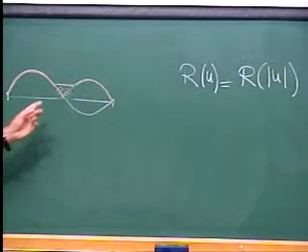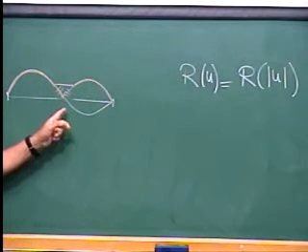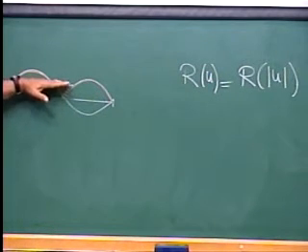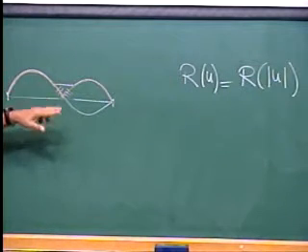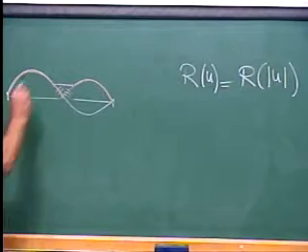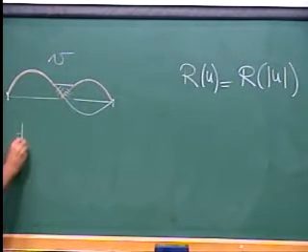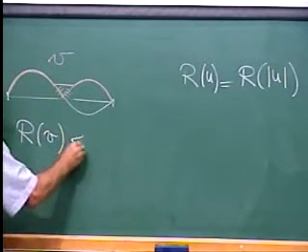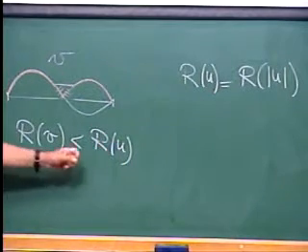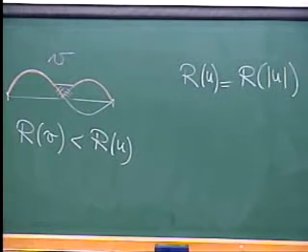So it's less than what happens with the original function. And now if you look at the denominator, then this function is bigger than this one. So in fact this function here, let me call it v, what happens is that r of v is less than r of u. So if u minimizes r, then this cannot be true.